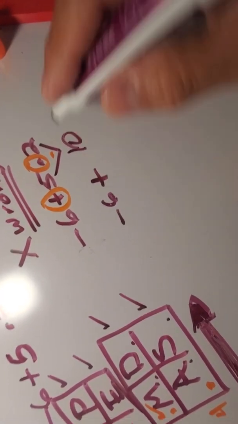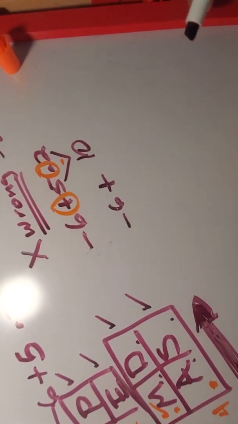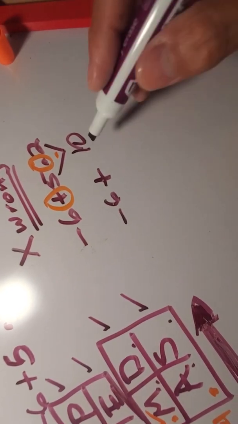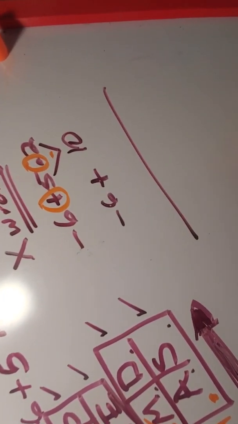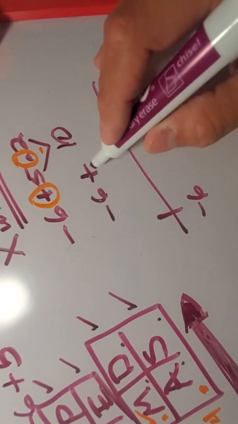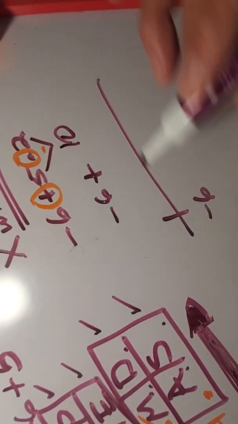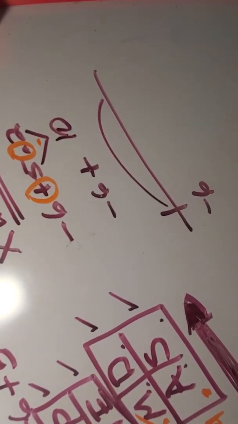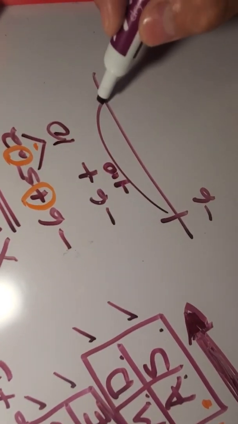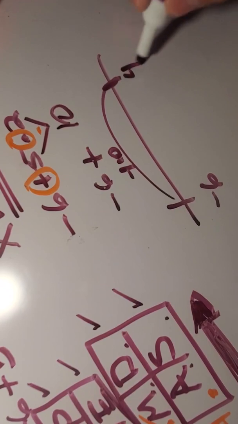Now, this is completely different than what we saw the first time I did this problem. If I do this problem, I am here at negative 6, and then I'm going to add positive 10. If I jump positive 10 here, I am going to finish at positive 4.